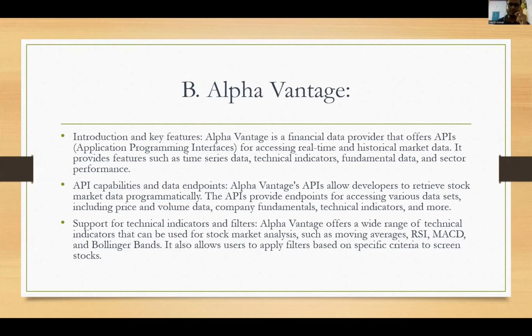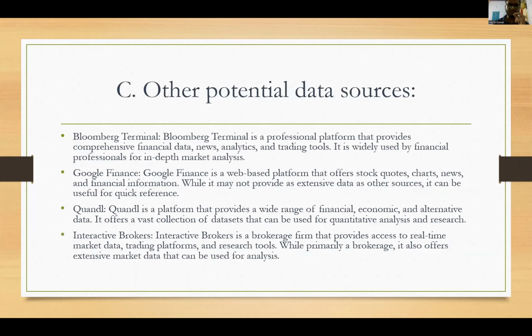For example, we can just use the API to program various filters and parameters that need to be there, which will be embedded in our database. So this is what is meant by support for technical indicators and filters: a wide range of technical indicators such as RSI, MACD, moving average convergence divergence, and other parameters can be applied using Alpha Vantage.